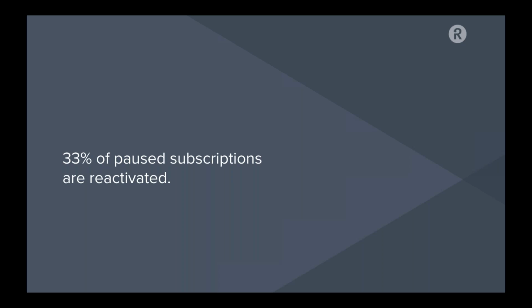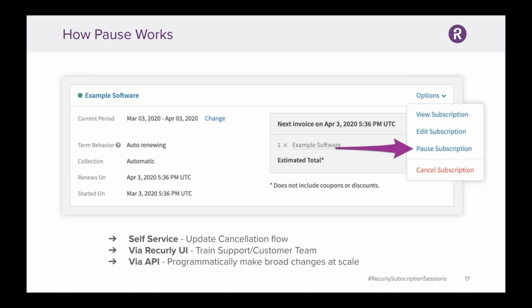And given that we're still in the midst of COVID-19 and lots of our merchants still have a bunch of their customers in a pause state, I'm guessing that in the next few weeks and months we'll see this number increase, meaning the ability to pause will offer greater value as the impact of COVID-19 continues. So it's a really, really big thing to be able to offer this to your customer base.